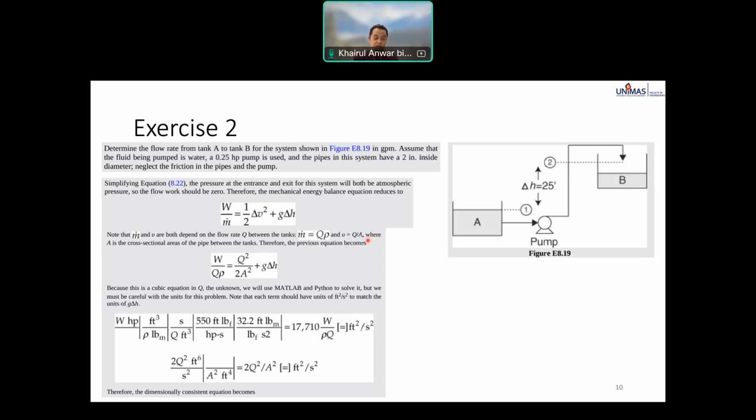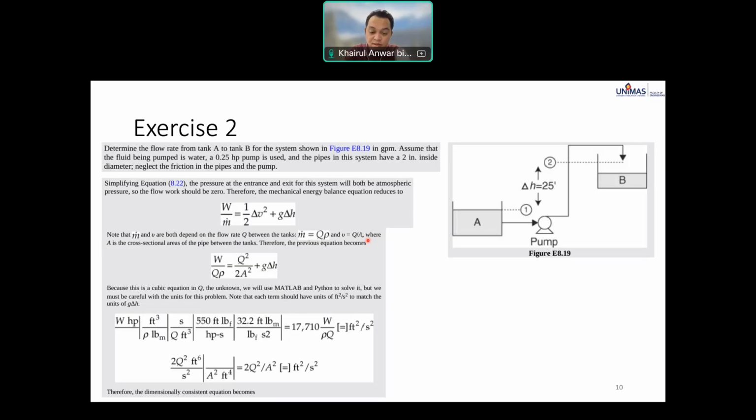Then g delta H. This is a cubic equation in Q. Yes, correct. You need to use MATLAB or Python to solve it, but we must be careful with the units for this problem.